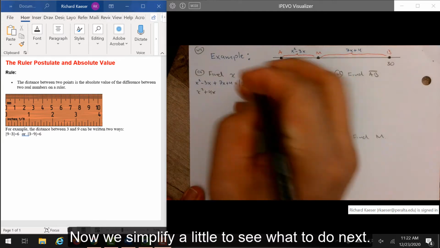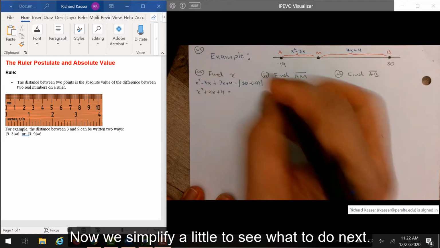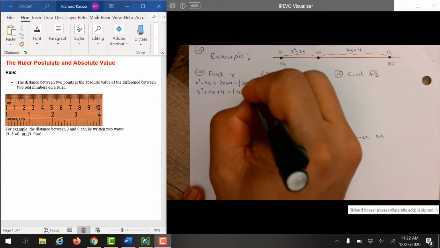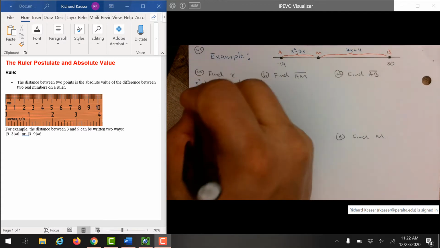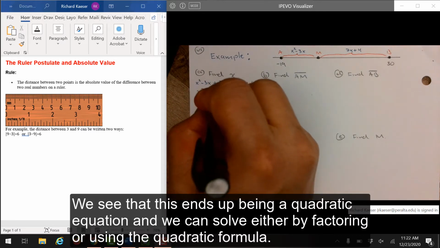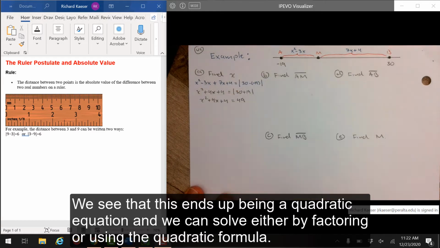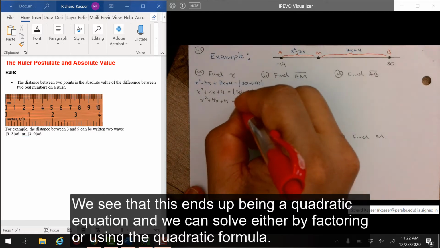Now we simplify a little to see what to do next. We see that this ends up being a quadratic equation, and we can solve either by factoring or using the quadratic formula.